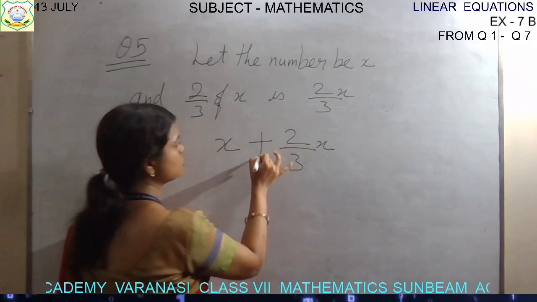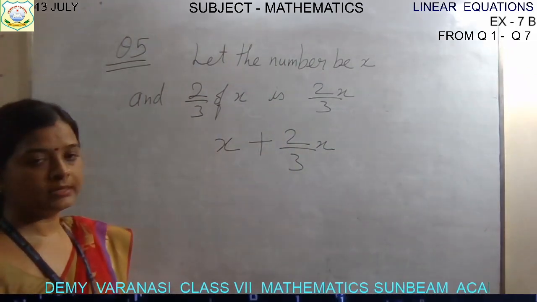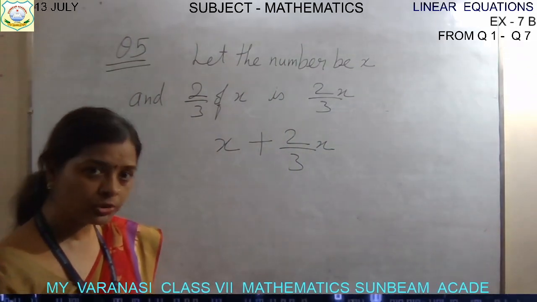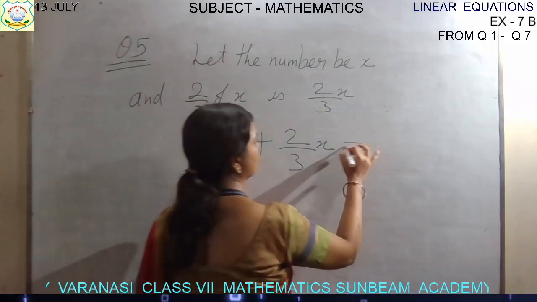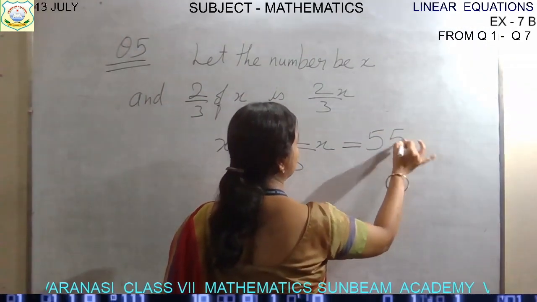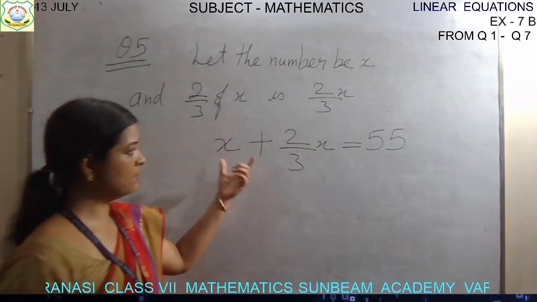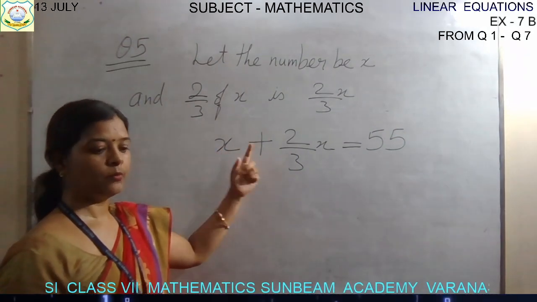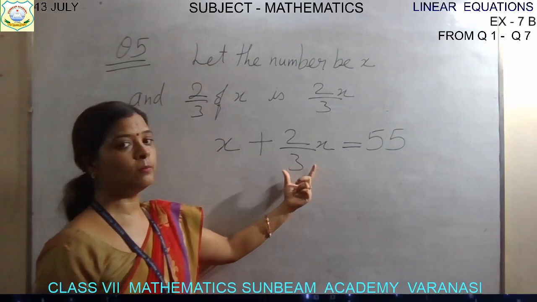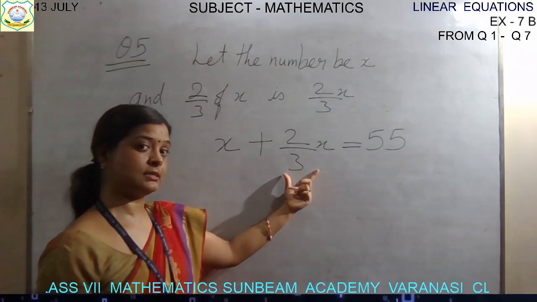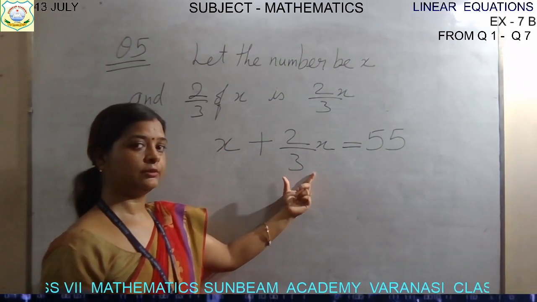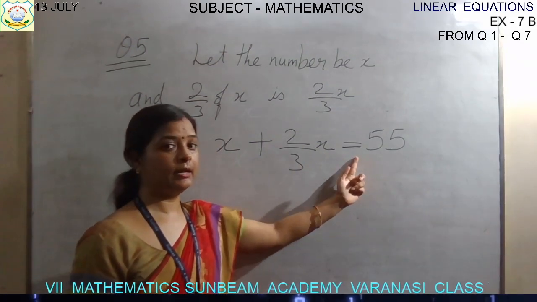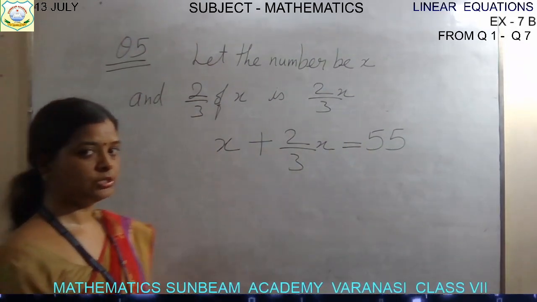When these two are added, you will get 55. A number when added with 2/3 of it, you will get 55. Now children, let's solve.